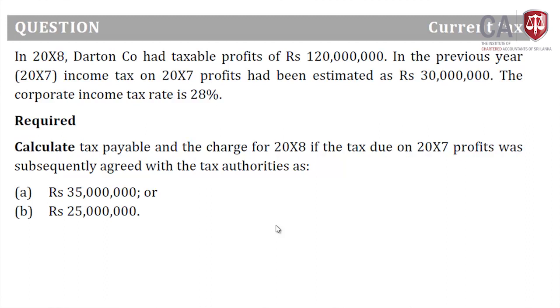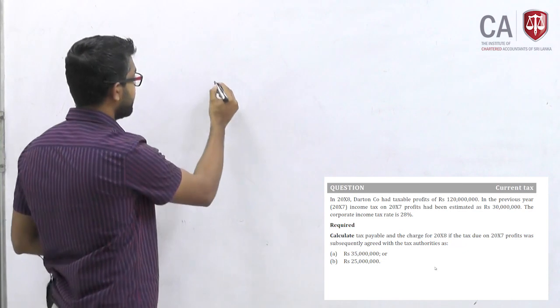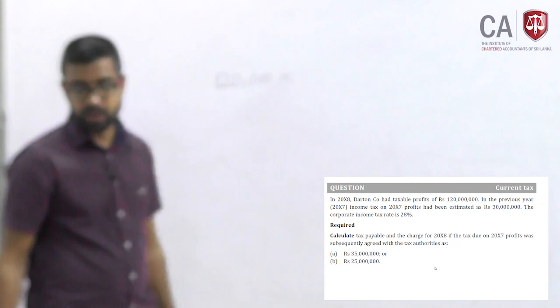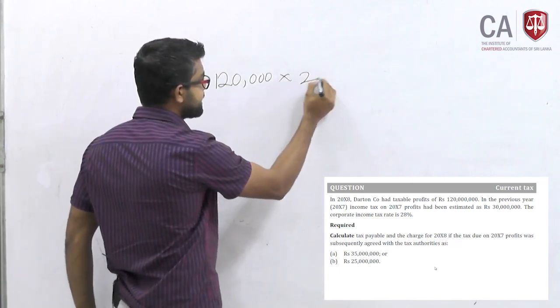First of all, you need to calculate the current tax liability. If you look at the taxable profit of 120 million, let's say 120,000 in thousands, 28% is the tax rate.